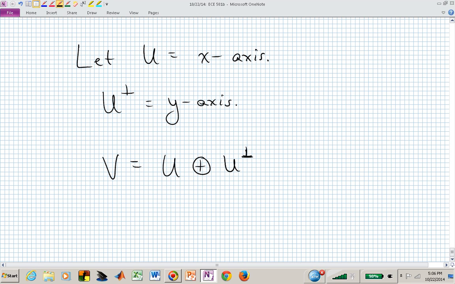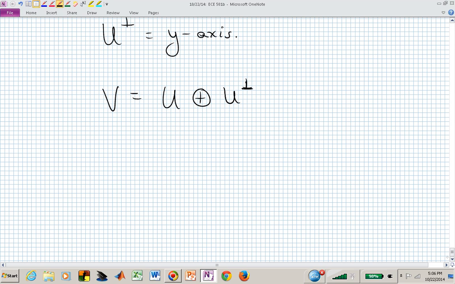And this direct sum decomposition says we have a unique decomposition of any vector. We can write it as a vector from U and a vector in U perp.